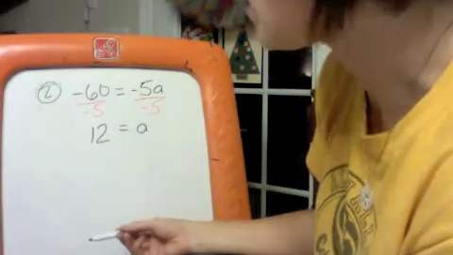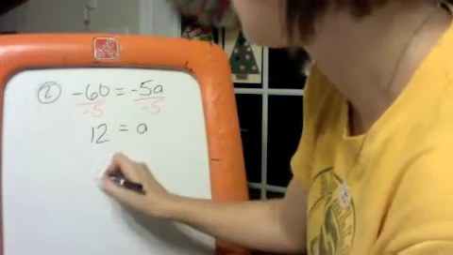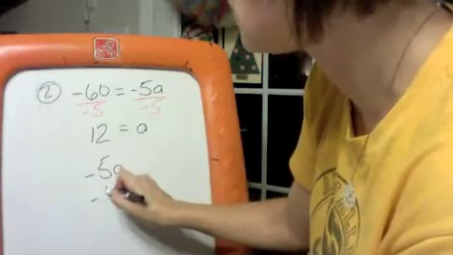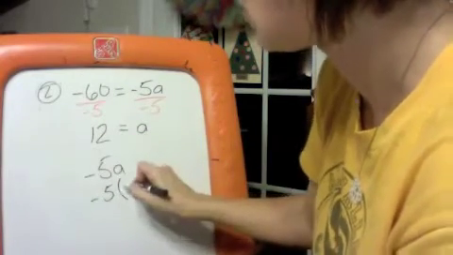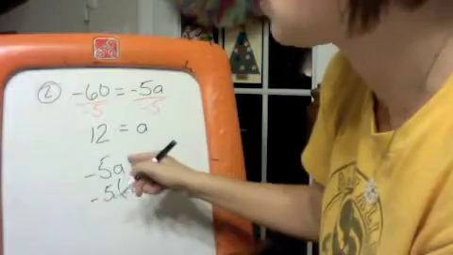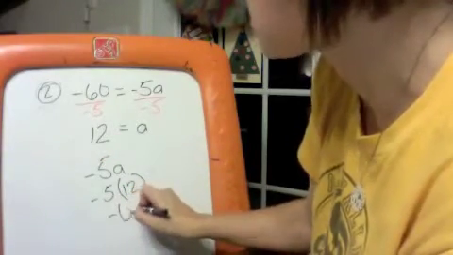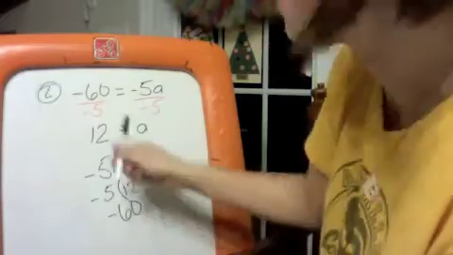And then I'm going to check this. I'm going to write my original problem, negative 5a, and substitute back in. So negative 5 times 12, which is what I found a to equal. Negative 5 times 12 is going to be negative 60. And that's what I started off with. So that one also checks out.